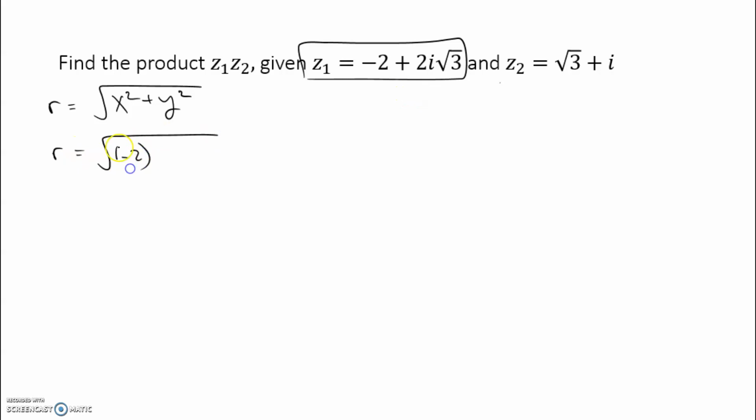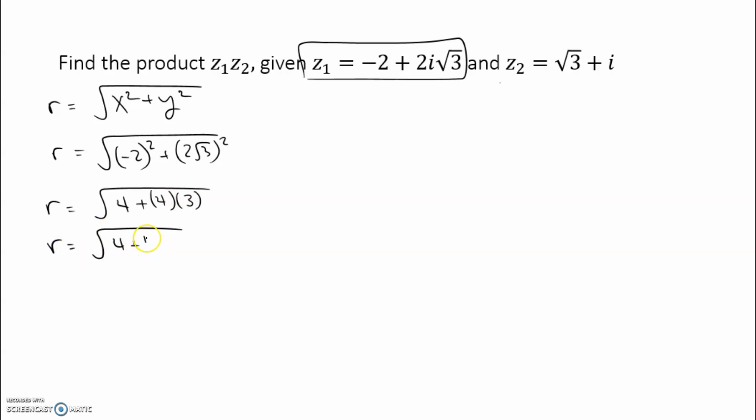So negative 2 squared plus 2 square root of 3, that whole thing squared, which is the same thing as 4 plus, okay, the 2 gets squared, so 4, and also the square root of 3 gets squared, so that would just be 3. So this would be 4 plus 12, which would be square root of 16, which would be 4.